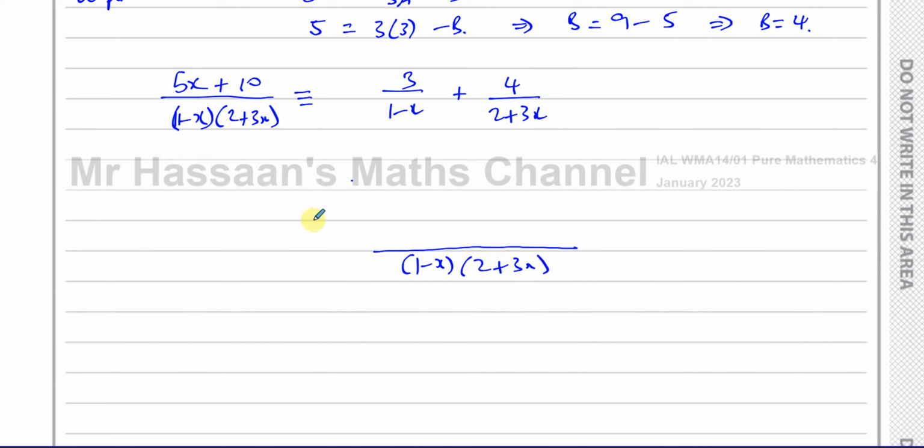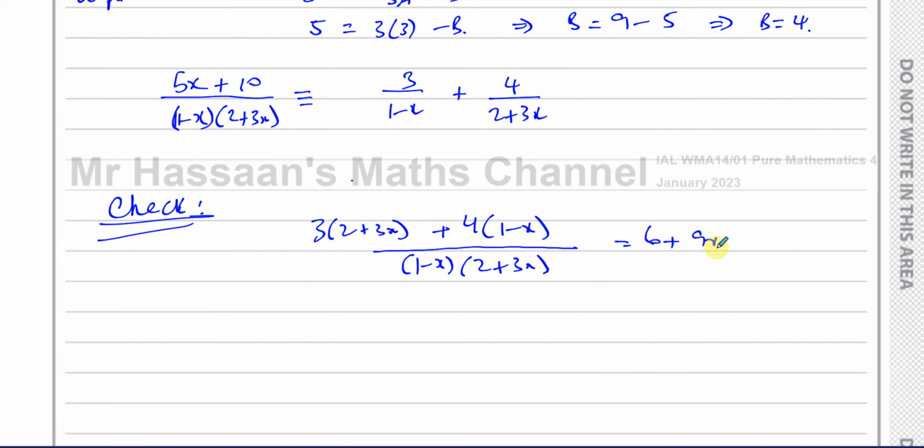But this times that gives you 3 times 2 plus 3x plus 4 times 1 minus x. So this is like a check. You end up with 6 plus 9x plus 4 minus 4x over 1 minus x times 2 plus 3x.